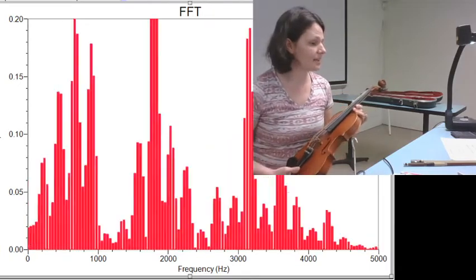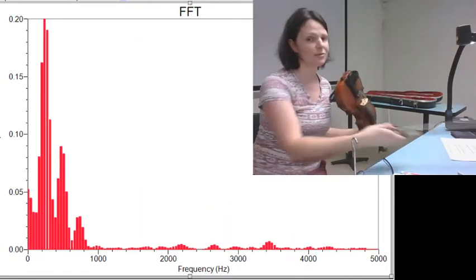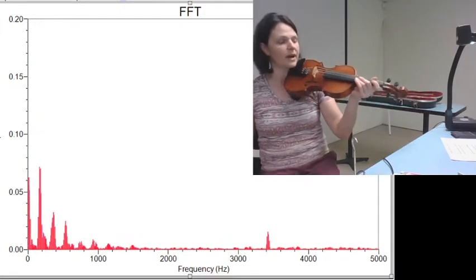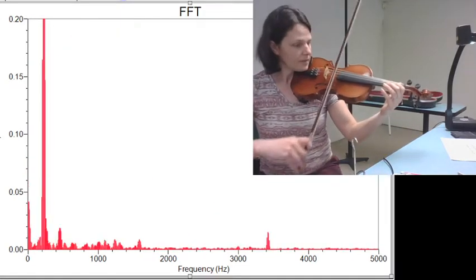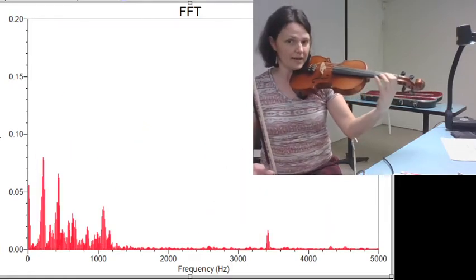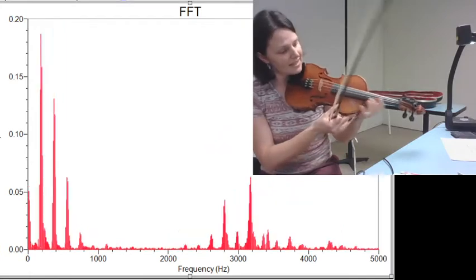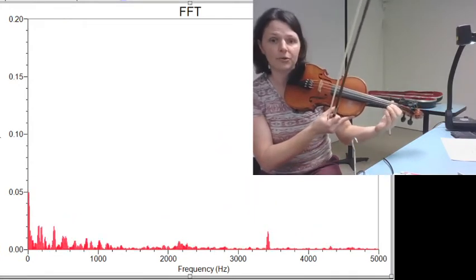Okay, and if you've ever listened to a violin, there is a difference in sound quality that violinists can make by doing what's called vibrato. We do vibrato by shaking your hand like this. What I do when I shake my hand is I move it back and forth really quickly.